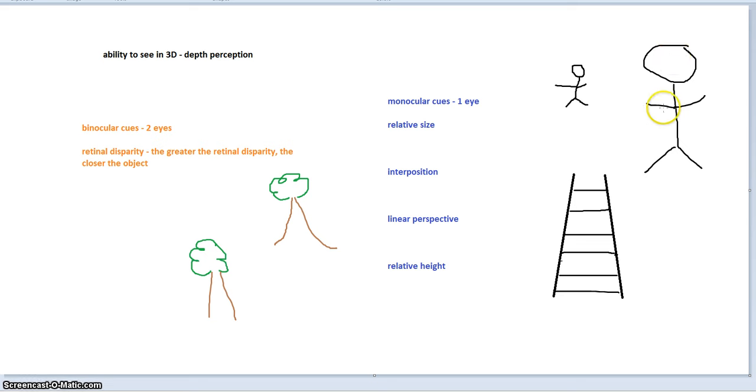You can combine that with the relative size. So if I switch this one and make him a lot bigger, it'll be more obvious.